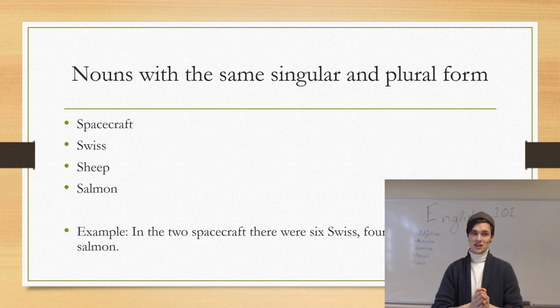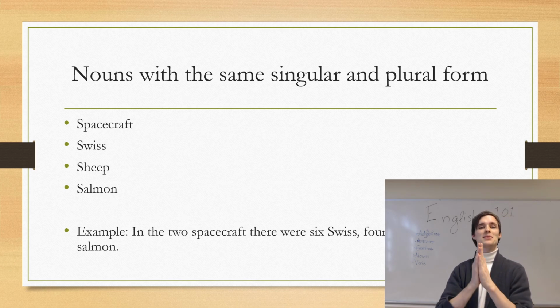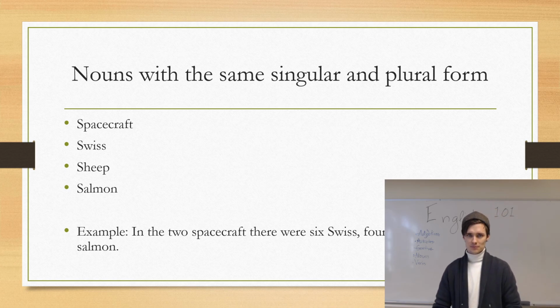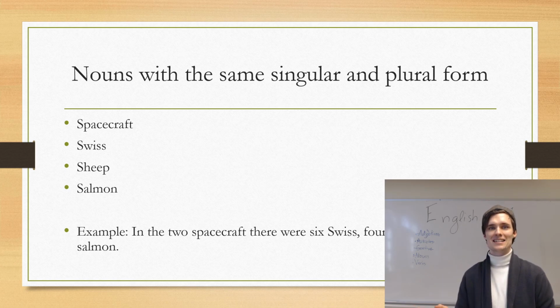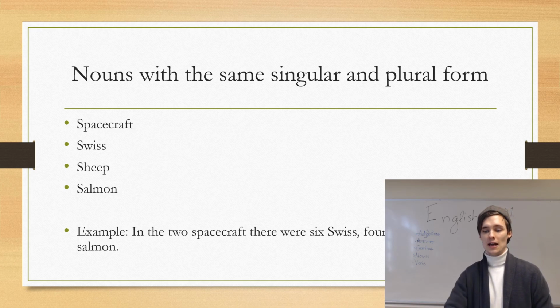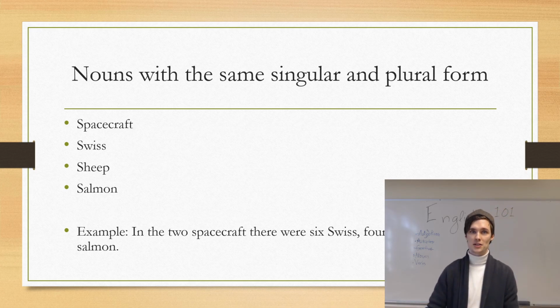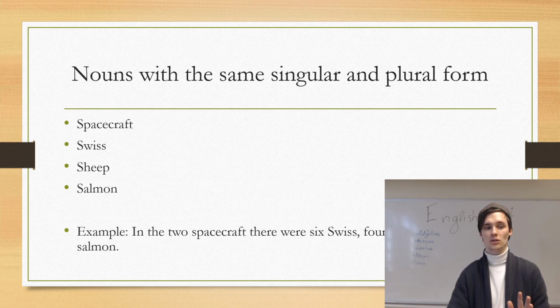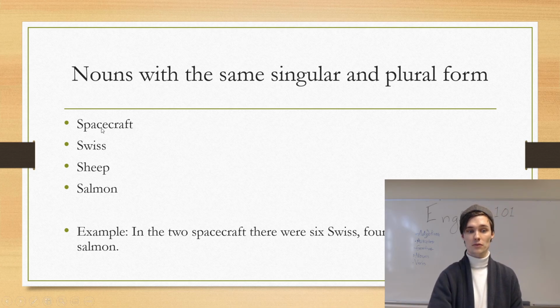To another section here where we have nouns with the same singular and plural form. And so these ones do not change as we've seen before, like potato, potatoes. They do not change at all. You have in singular form spacecraft, in plural form spacecraft. Swiss, Swiss. Sheep, sheep.